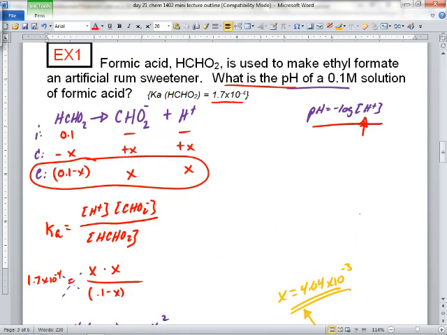They wanted pH. So if they want pH, we have to do what? Plug it in. pH is a negative log of H. And we know our H is just x.